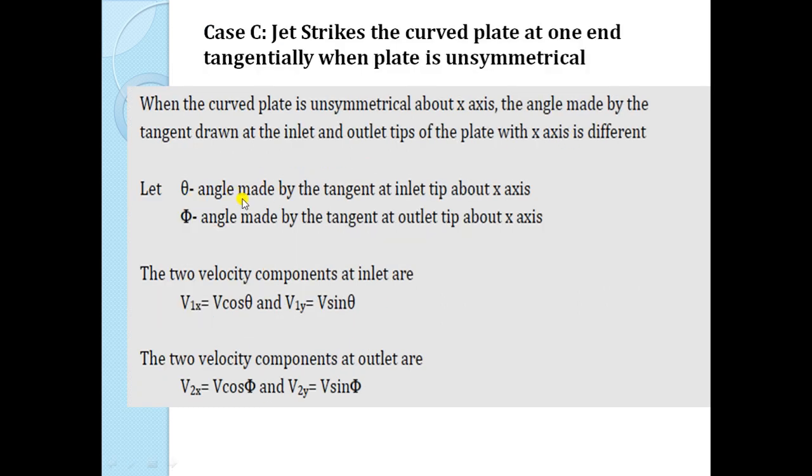Let theta be the angle made by the jet at the inlet tip about x axis. Pi is the angle made by the tangent at the outlet tip about x axis. So, the two velocity components at inlet are, horizontal component v cos theta, vertical component v sin theta. Likewise, the velocity components at outlet are v cos pi and v sin pi.